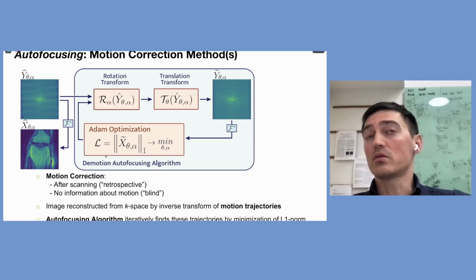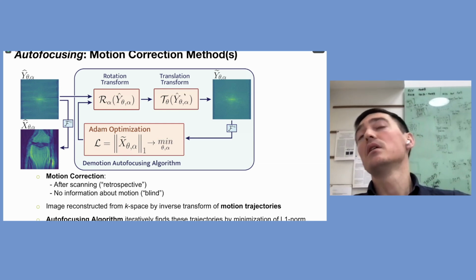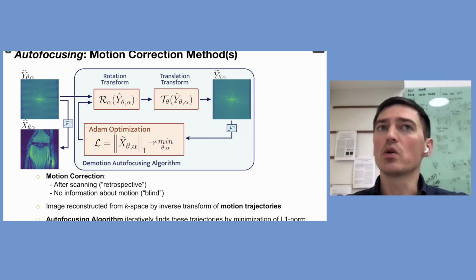It updates the image iteratively, and it's done retrospectively, where you essentially learn the parameters of the rotation transform, this theta and alpha, and the translation transform, until your optimization problem reaches a plateau.